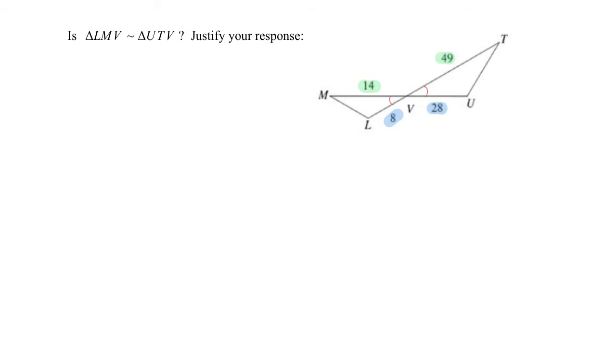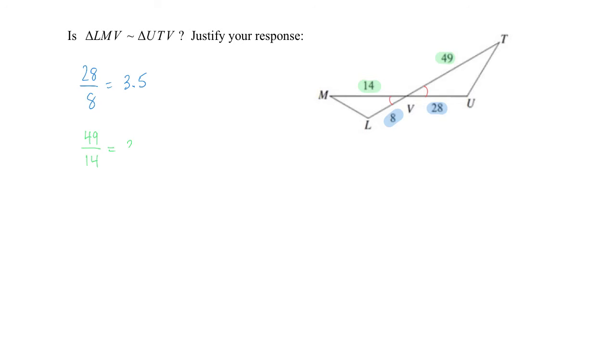Okay, so let's see. We're going to do 28 divided by 8. Let's see what that comes out to be. Bring the calculator up, 3.5. And then the other one is going to be 49 divided by 14.